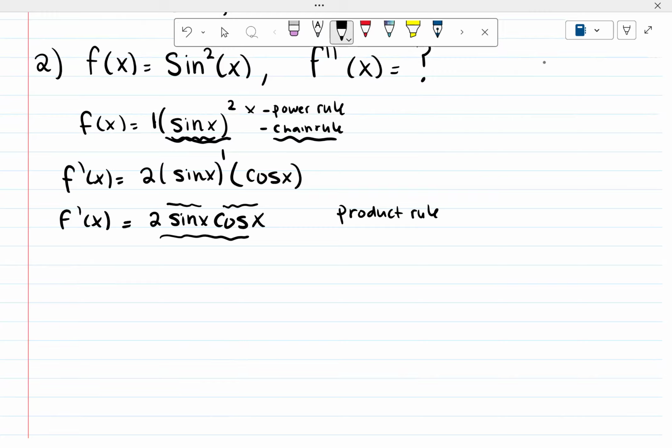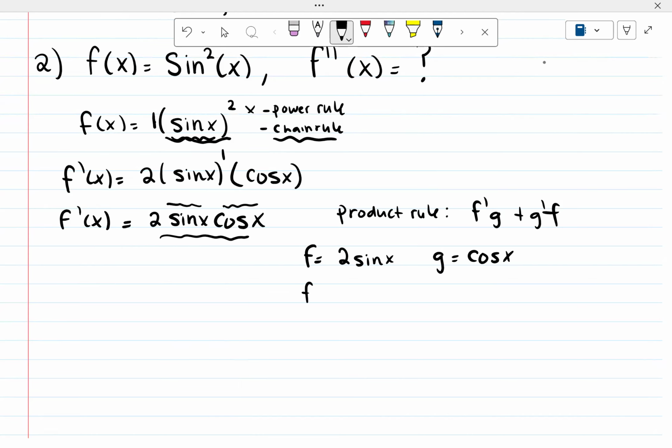If you recall, the product rule is f prime of g plus g prime of f. You could factor out the 2, or you can say that f is 2 sine of x and g is cosine of x, right?